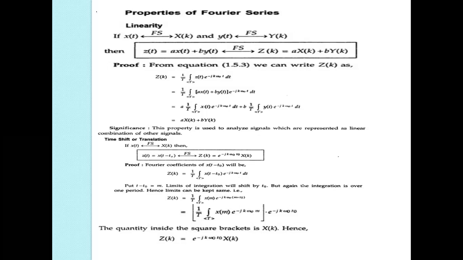In the trigonometric Fourier series, the signal x of t is equal to a of 0 plus the sum of n equal to 1 to infinity of a_n cos function, plus the sum of n equal to 1 to infinity of b_n sine function.